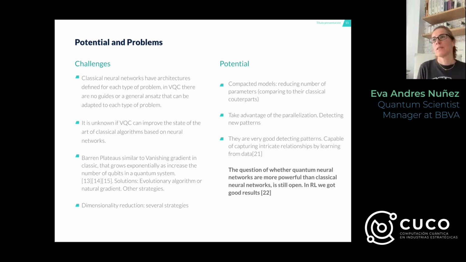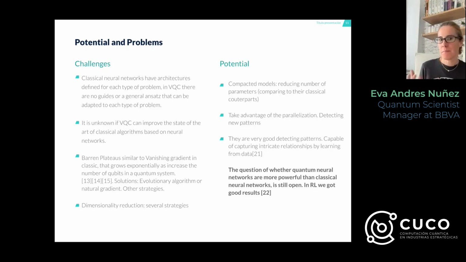The potential: these models are very compact, in the sense that the number of parameters required is lower than in the classical ones, so it's more efficient in this sense. They can detect hidden patterns that the classical ones cannot detect, because they are very good at detecting complex relationships between the data.